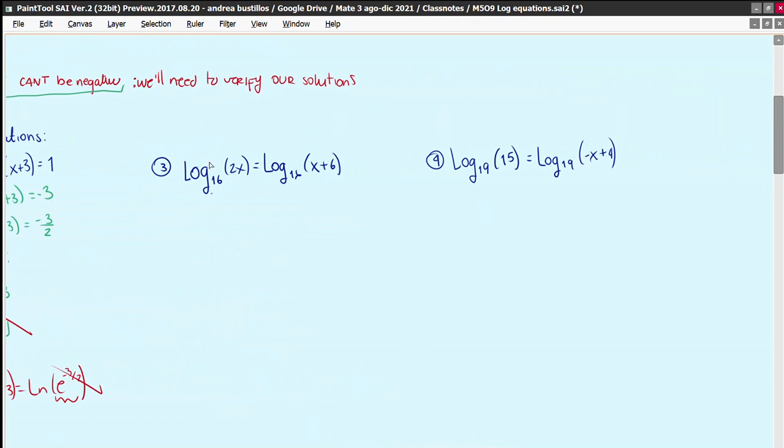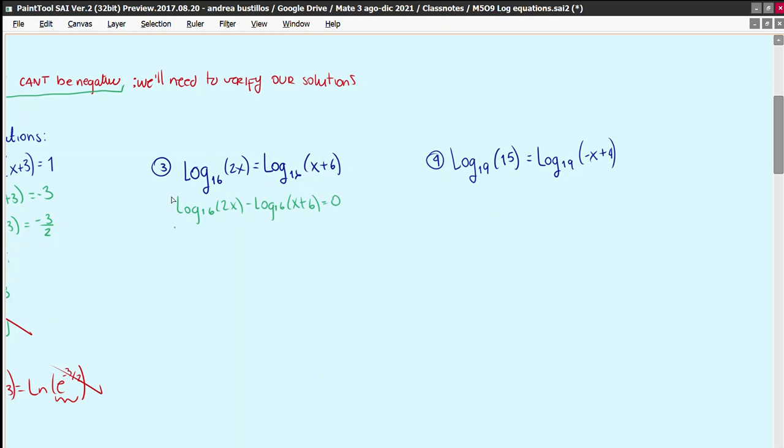Next exercise. Here I have a couple of logarithms, one on each side of my equation. So I'm going to pass all of the logarithms to one side of the equation. This logarithm is positive, so it passes to the other side as negative. And because I pass everything to the left side, this equals 0.